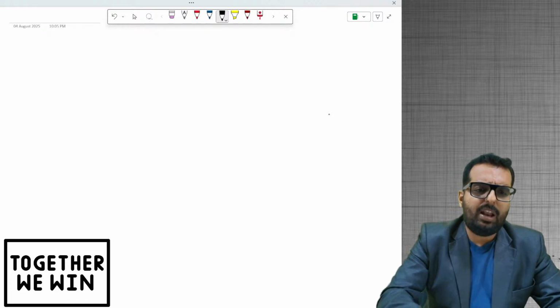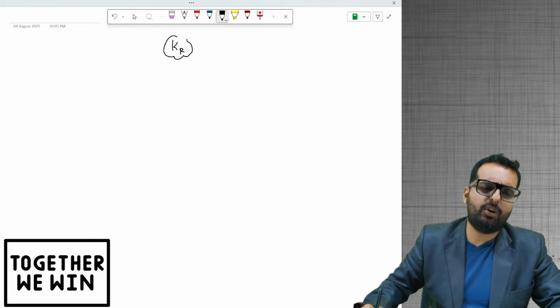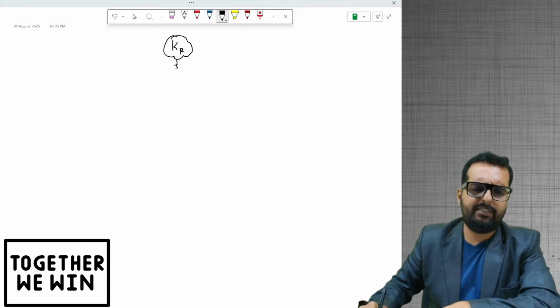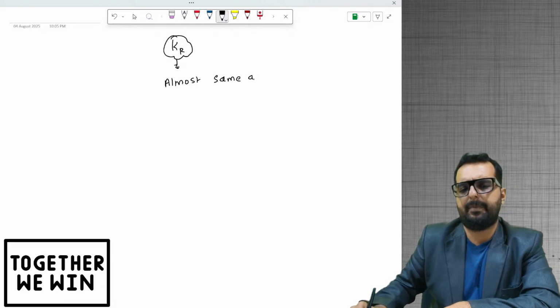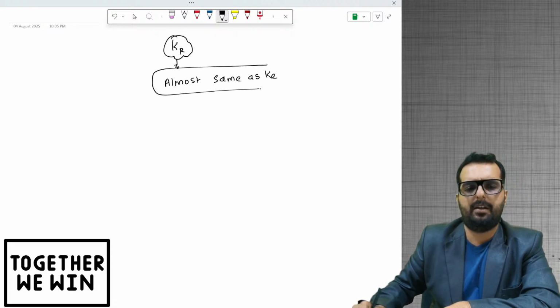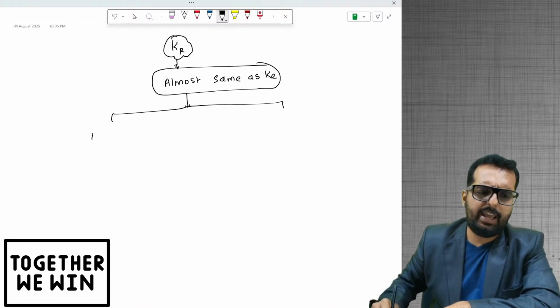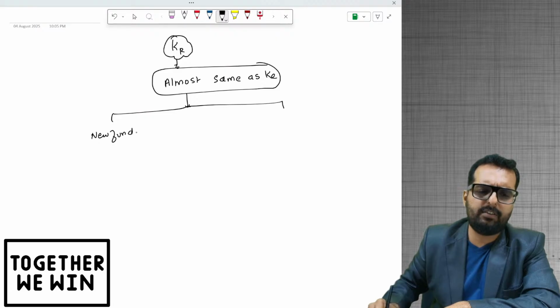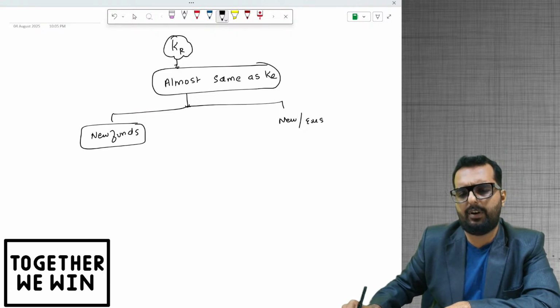Yes. Now I'll go to the last part, that is called KR, the cost of retained earnings. Friends, this is almost the same as KE. The difference is that KE is for new funds, while KR can be for new or existing funds.